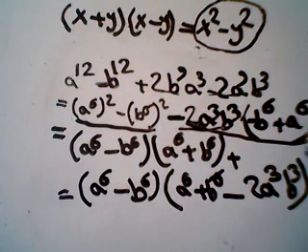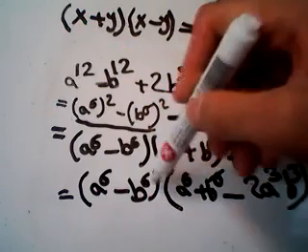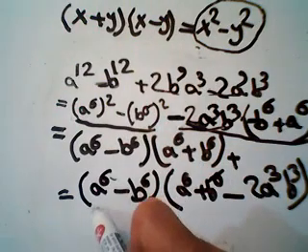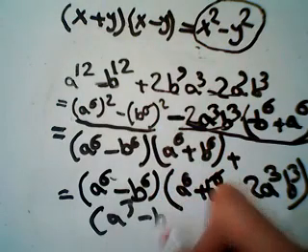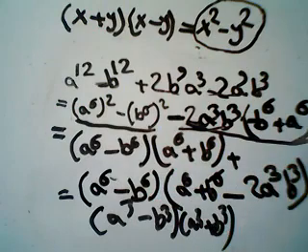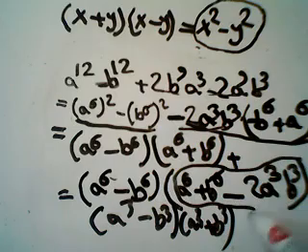And we could factor deeper. We could write it as a cubed minus b cubed times a cubed plus b cubed. And we could also factor this one. This is in the form of the perfect square identity.